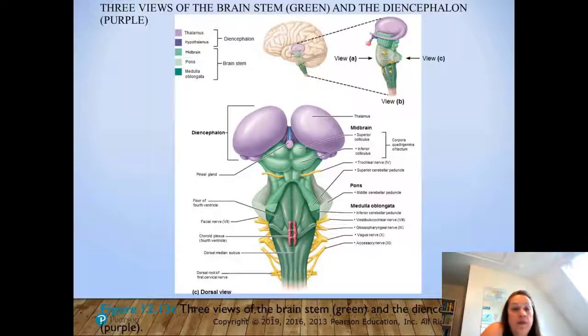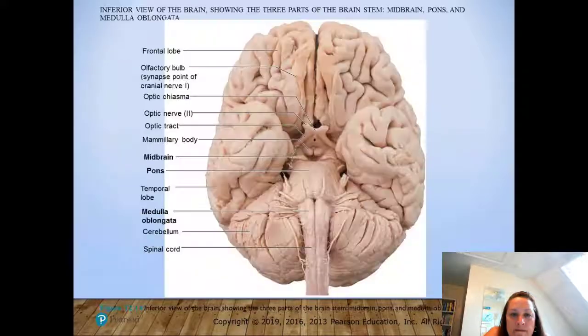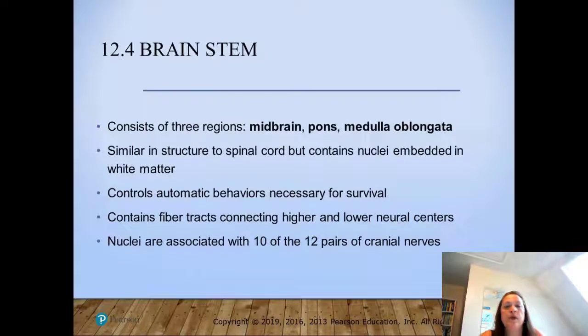This is a picture of the brain stem. So now we're down into the third major brain region, the green. From the side, this is the midbrain, this little band is the pons, and this is the medulla. In this picture, the midbrain would be up here, the pons would be right here, and the medulla would be right here.